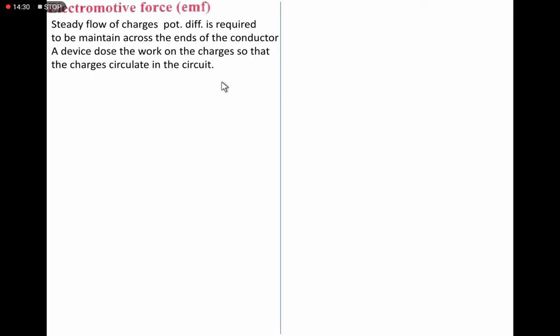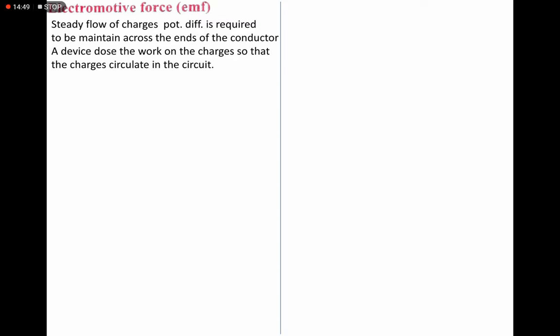Then the next topic is electromotive force, EMF. We already studied the definition of electromotive force in our previous lecture. We know that electrons are there in the conductor, and they are in random motion before the potential difference is applied across the conductor.